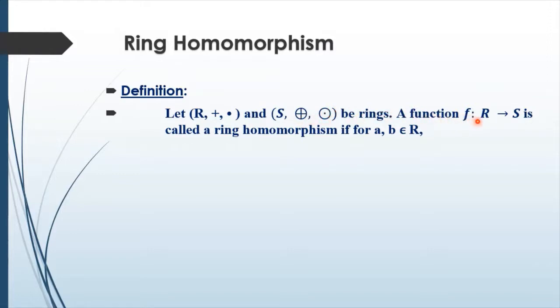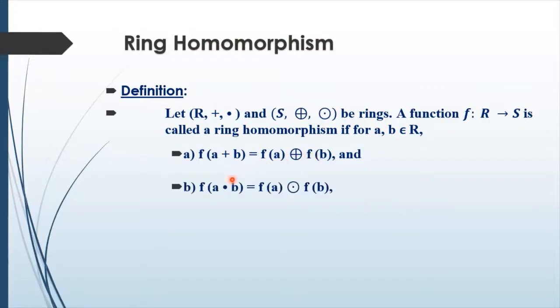Then a function f from R to S is called a ring homomorphism if for each element A and B belonging to R, f preserves the additive operation, that is f of A plus B is equal to f of A plus f of B, and f also preserves the multiplicative operation, that is f of A dot B is equal to f of A dot f of B.